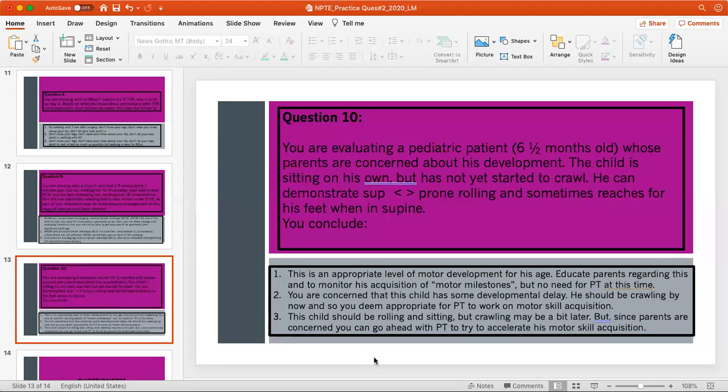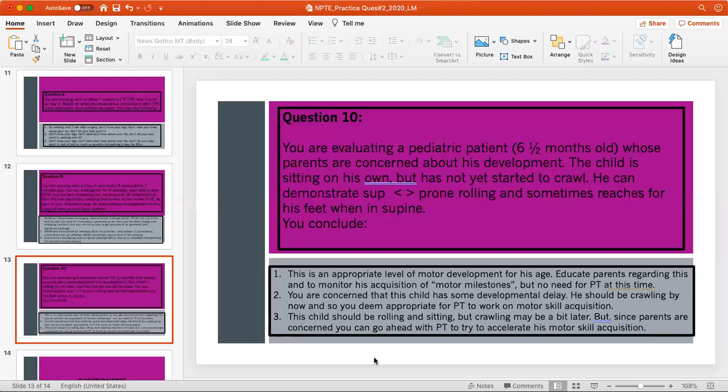I'm going to pick number 1. Okay. Because I've just been looking at all of this because of my little one. But yeah, he should be reaching for his feet. He should be doing supine to prone rolling. And some kids don't crawl right at 6 months.